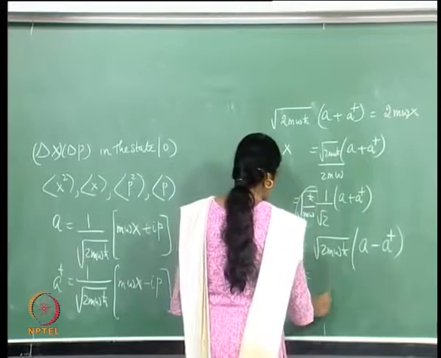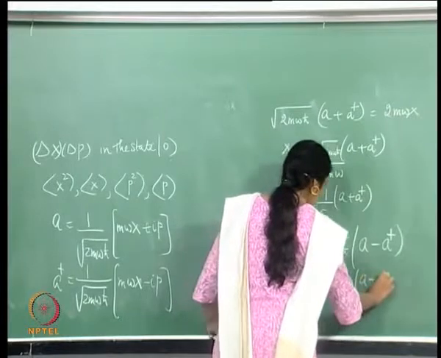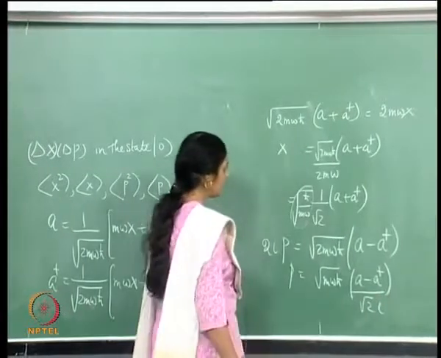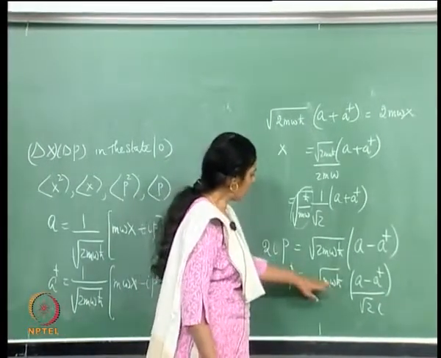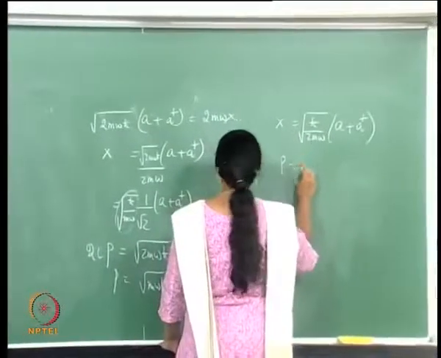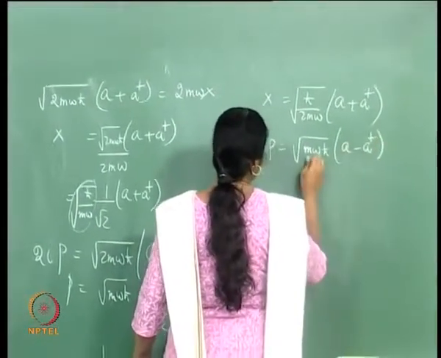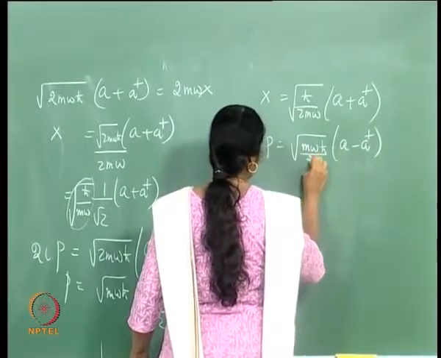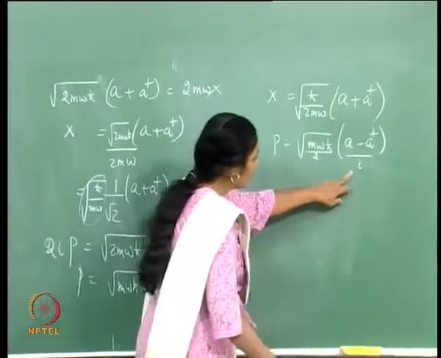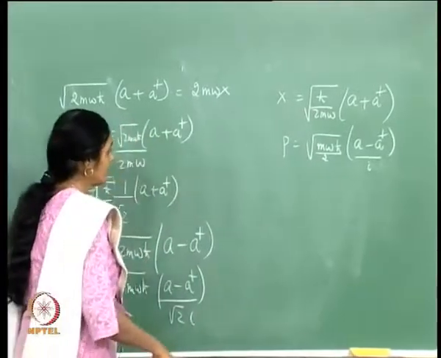Therefore, p is root of m omega h cross times (a minus a dagger) by root 2 I. This has dimensions of momentum and this is dimensionless, so we are through. The I is very important. It takes care of the commutation relation x p is equal to I h cross.